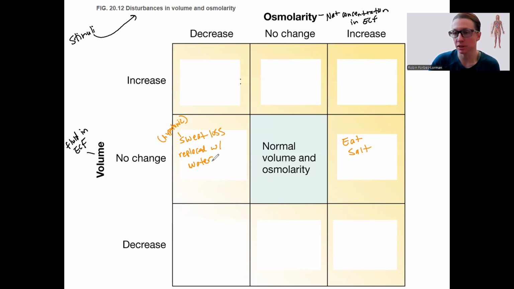Drinking water would decrease osmolarity, but in order to have volume stay the same, we'd have to be excreting that water as well, because this is isovolumic. So we have to also be losing that water.